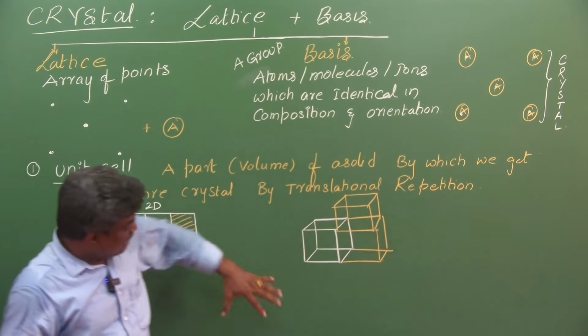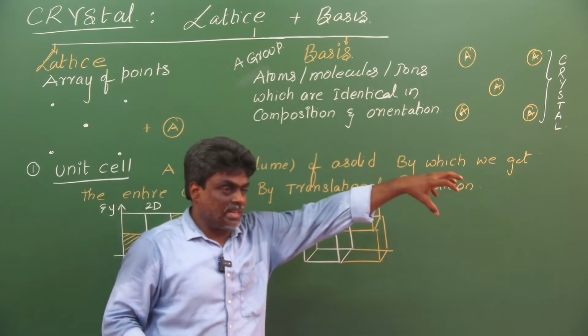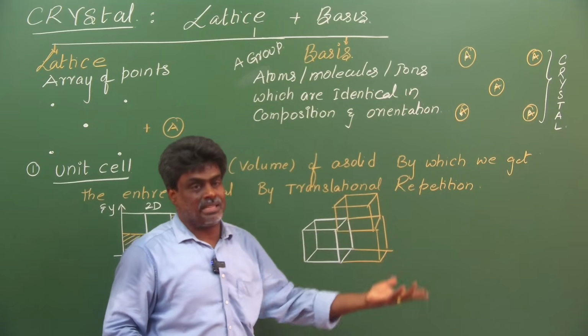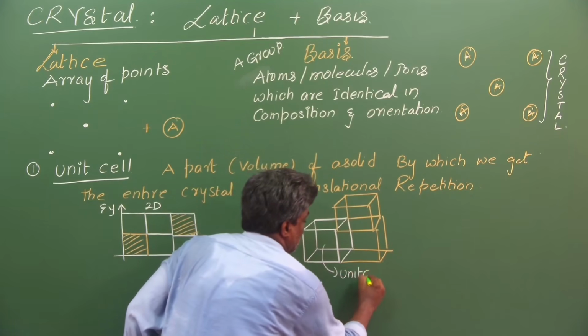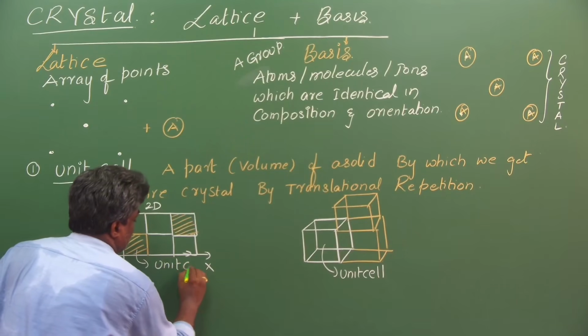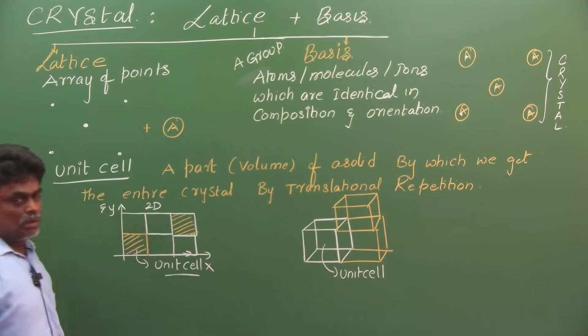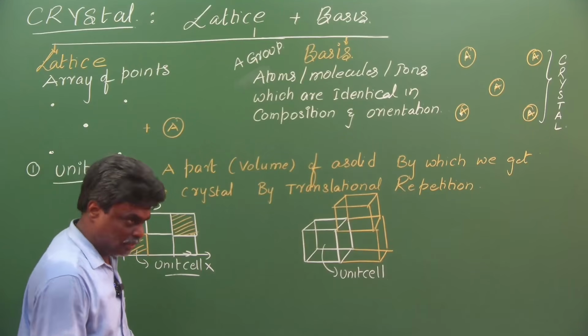You can build up the entire solid by simply repeating translationally. So here this is called a unit cell, and here this is also called a unit cell. Actually it is a motif, but modern crystallographers are saying unit cell only, no issue at all.